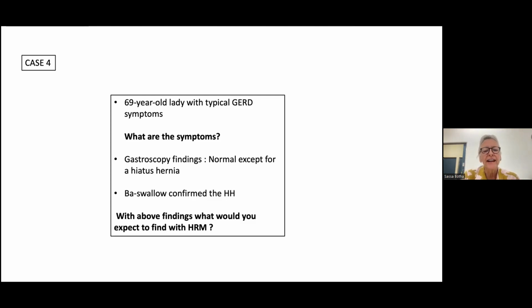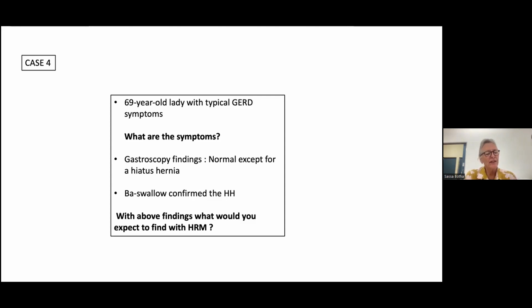Okay, so this lady's gastroscopy findings were normal except for a hiatus hernia, and the barium swallow confirmed the hiatus hernia. With the above findings, what would you expect to find with high-resolution manometry? My question is actually, what is associated with GERD when you look at high-resolution manometry?